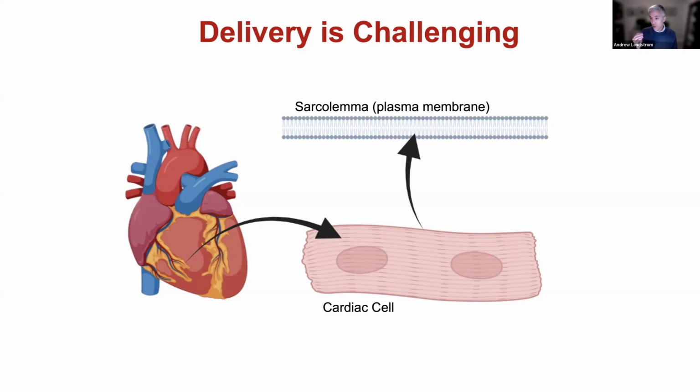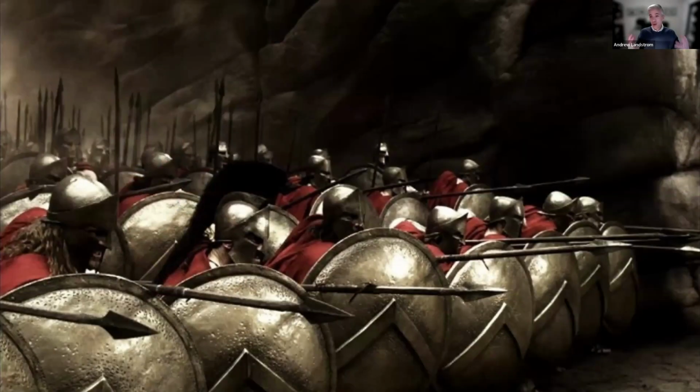It's really just sort of like a fatty layer that goes around the cell, but it's actually much more than that. It's actually used to protect the cell from invaders, specifically against viruses and things. And so even though it is just a little oily layer, it's really an impenetrable barrier. And so getting things into that cell can be really quite challenging.